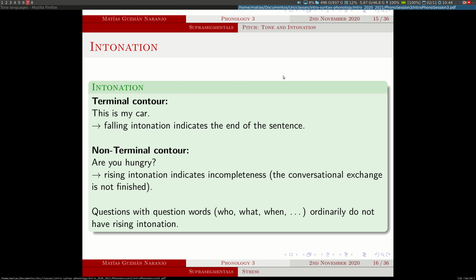So the most familiar example to us is the intonation difference between statements and questions. So for a statement, the intonation goes down, this is my car, or stays flat. And for a question, at least in English, the intonation goes up. Are you hungry? So there's a pitch change throughout the utterance, and it changes the meaning of the utterance.